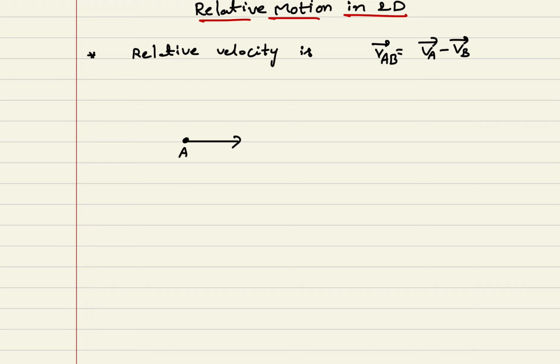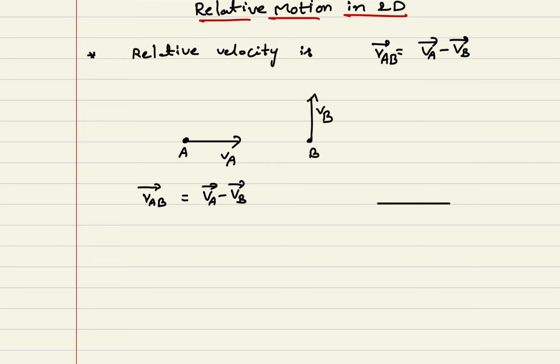Suppose a body A is moving with velocity VA bar like this, and B is moving in some other direction. Velocity of B is like this. If you want to write the velocity of A with respect to B, you can write VAB bar is equal to VA bar minus VB bar.